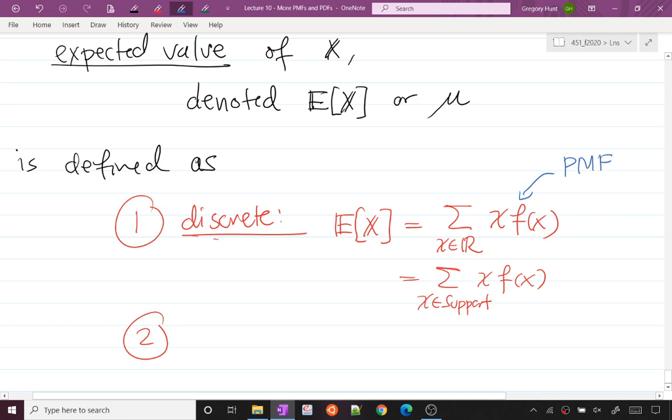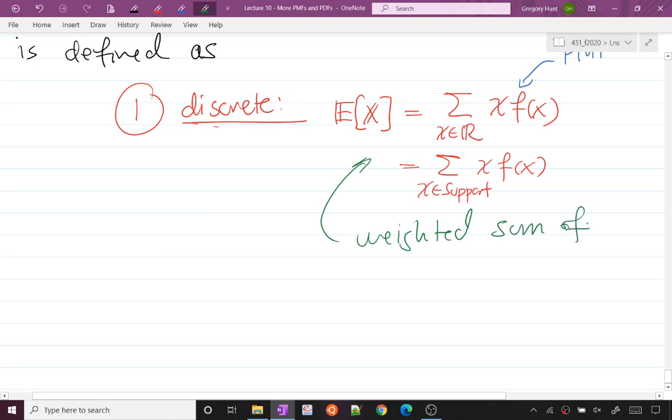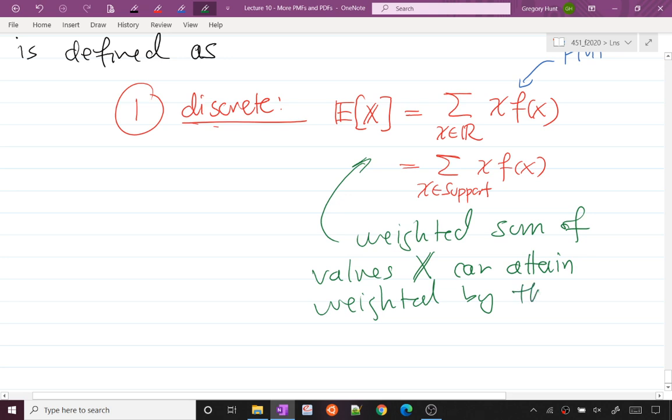So what is this? This is the sum of the values times the probability of seeing the values. So it's basically like a mean, or a weighted sum. This thing is a weighted sum of values x can attain, weighted by the probability we see them.